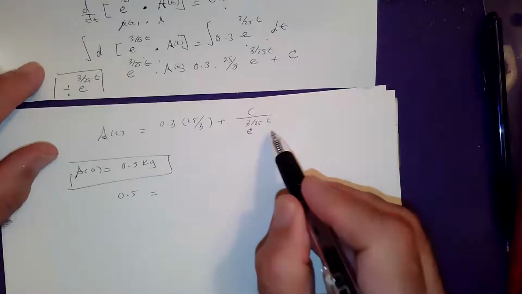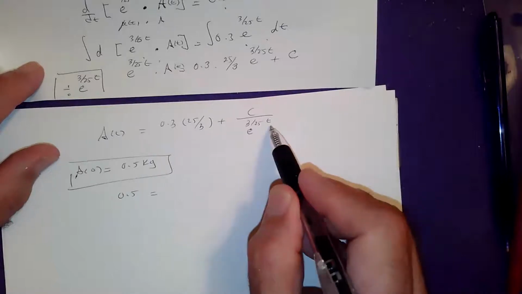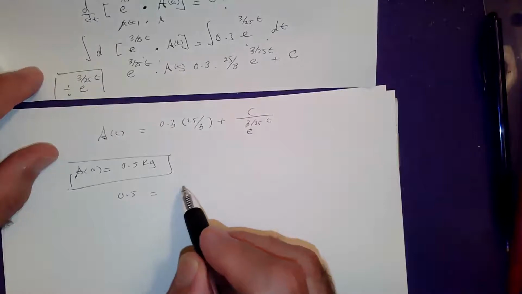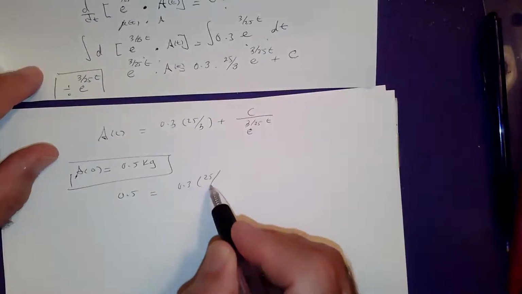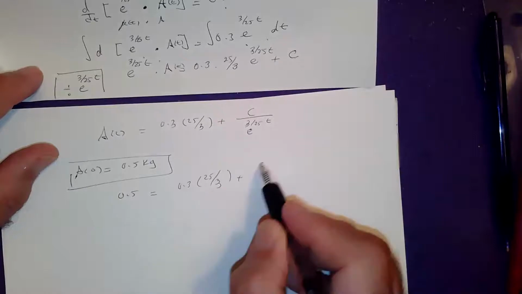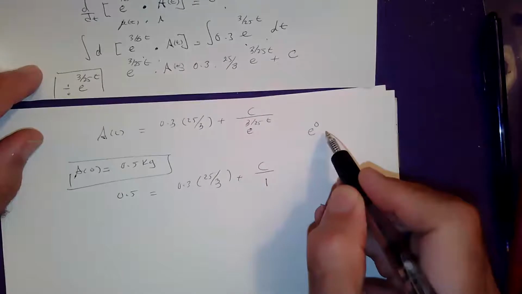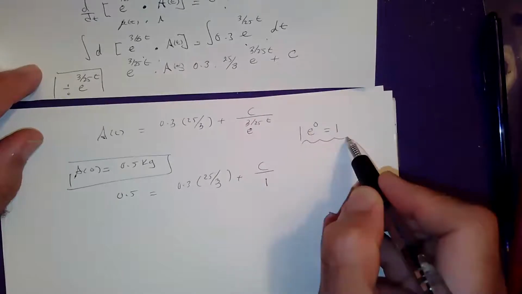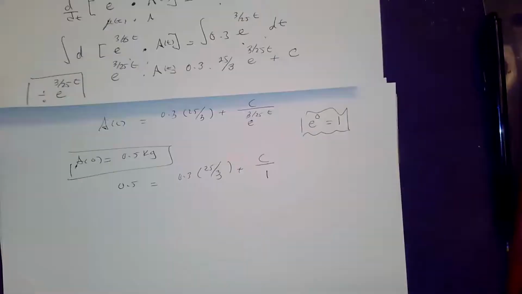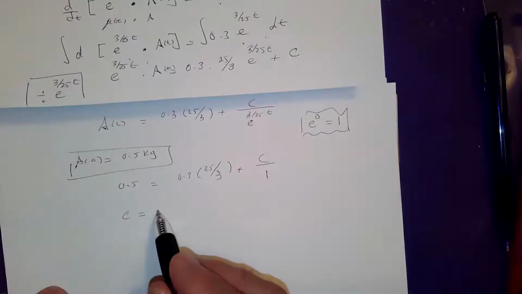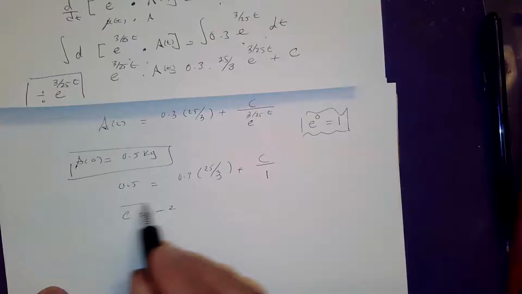If you replace the t with 0, you would end up with 0.3 times 25 over 3 plus C over 1. Why? Because e to the 0 is equal to 1, remember? So solve for C. Believe it or not, C comes up to -2.